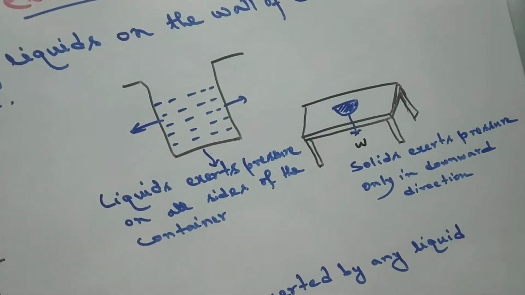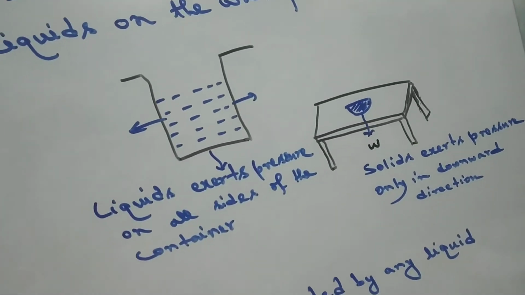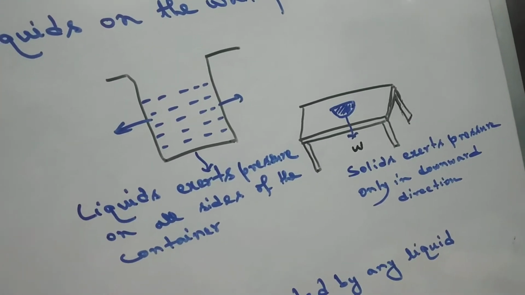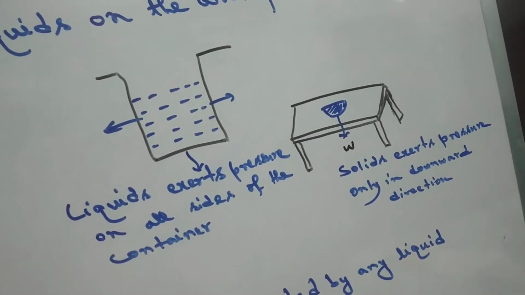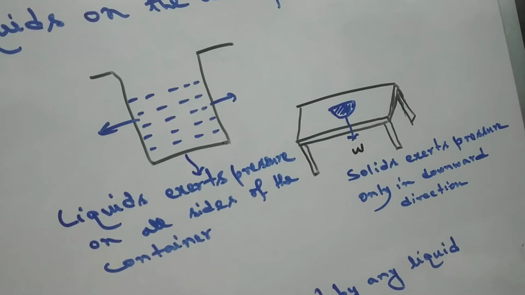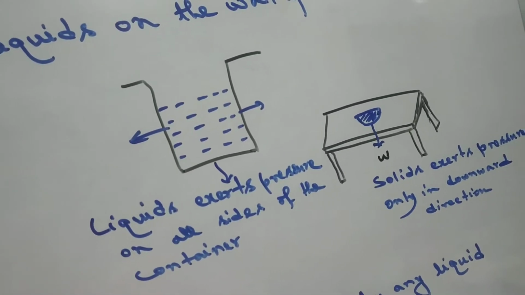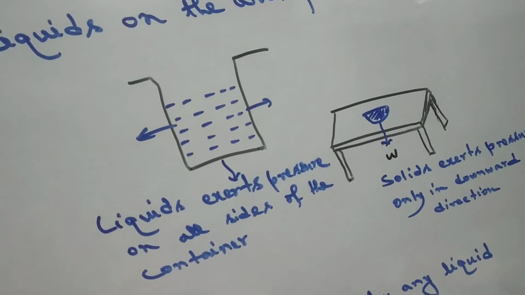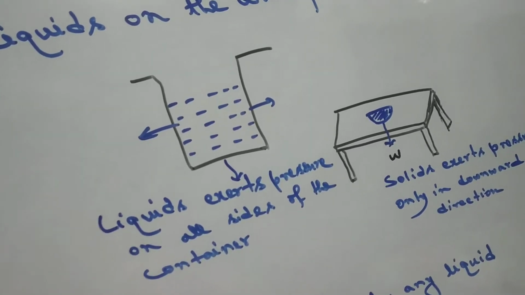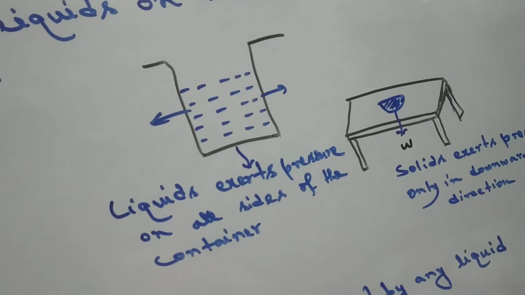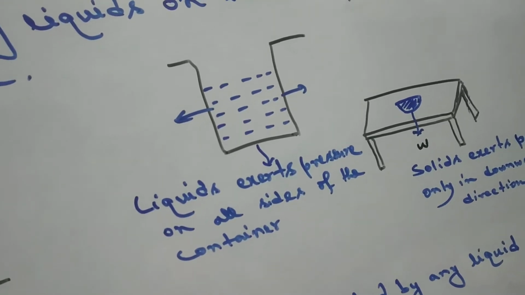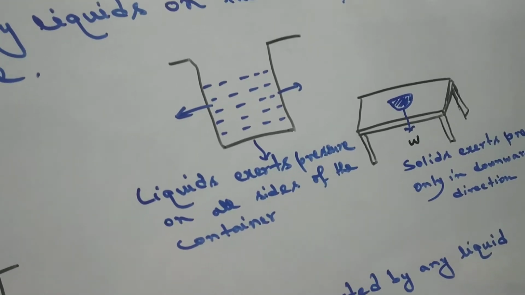You can see in the picture that the solid exerts pressure only downward due to its weight, but the liquid exerts pressure in every direction, on the side wall of the container and on the base of the container. So liquids exert pressure on all sides of the container.